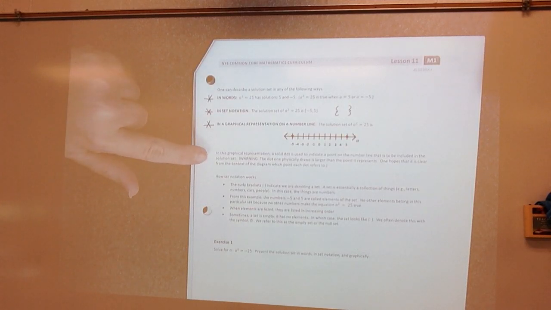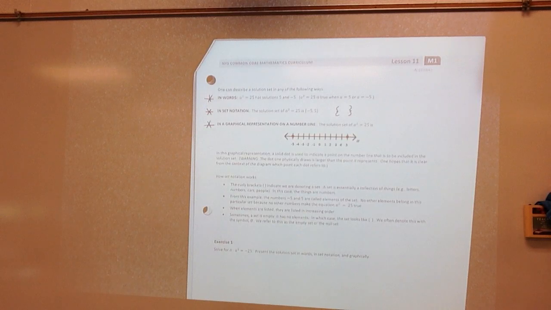In this graphical representation, a solid dot is used to indicate a point on the number line that is to be included in the solution set. Warning, the dot one physically draws is larger than the point it represents. One hopes that it is clear from the context of the diagram which point each dot refers to.